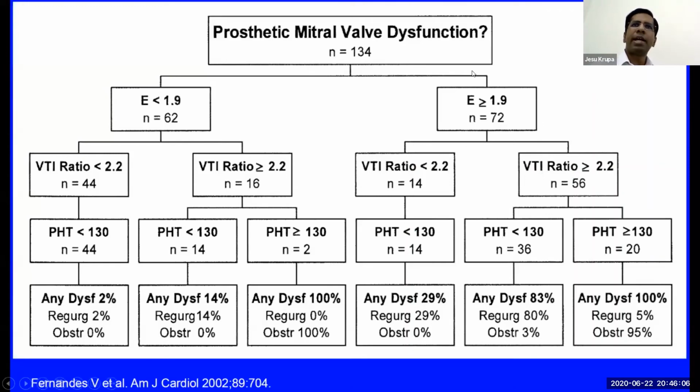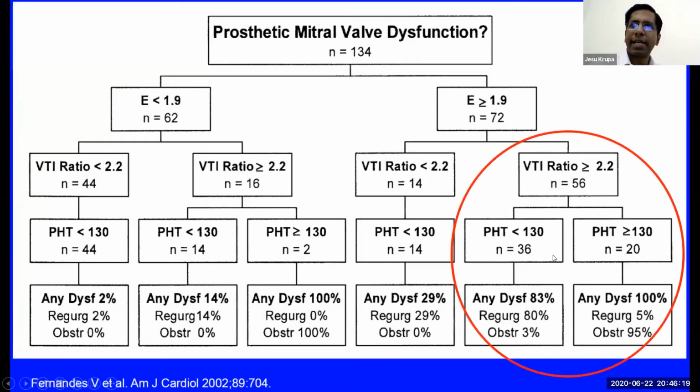So why am I going on and on about this pressure half time? That is because there is evidence to that. In somebody with high gradients like this, what you can see on this side is that those with a pressure half time of more than 130, all of them were stenotic, whereas with pressure half time less than 130, the chances of it being obstructive is extremely small. Many of them were regurgitant.